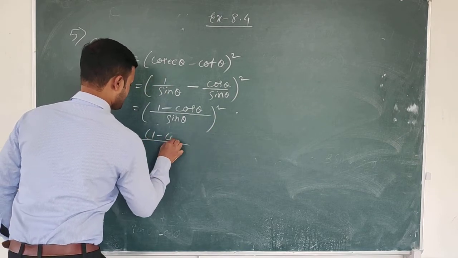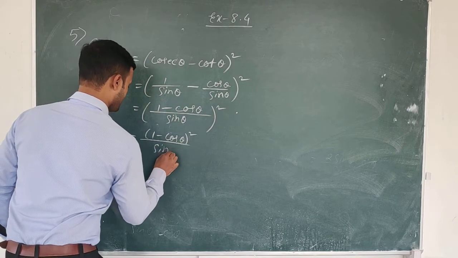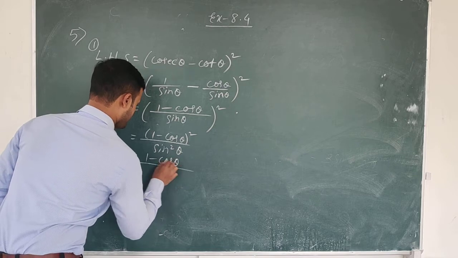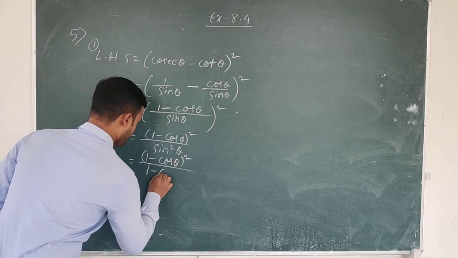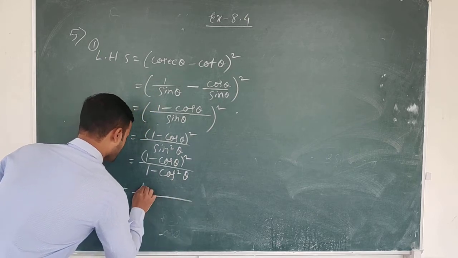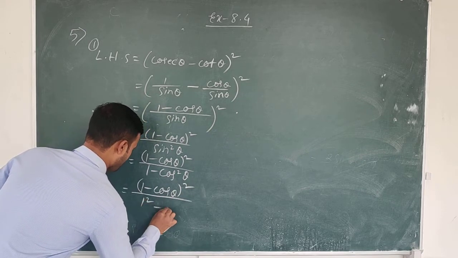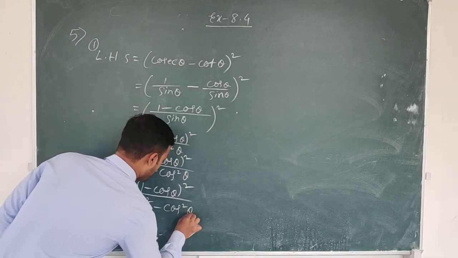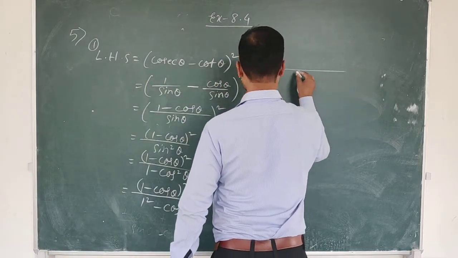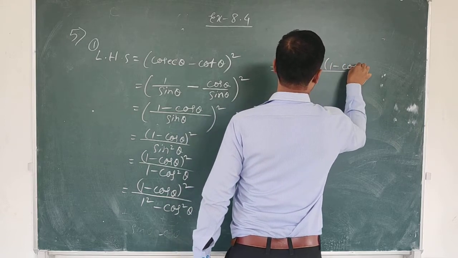So 1 minus cos theta whole square over sin square theta, which is 1 minus cos square theta. So 1 minus cos theta whole square, 1 square minus cos square theta is equal to 1 minus cos theta into 1 minus cos theta.